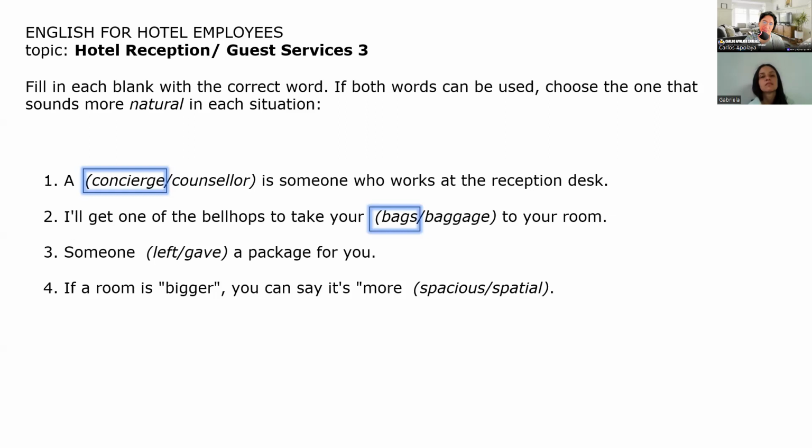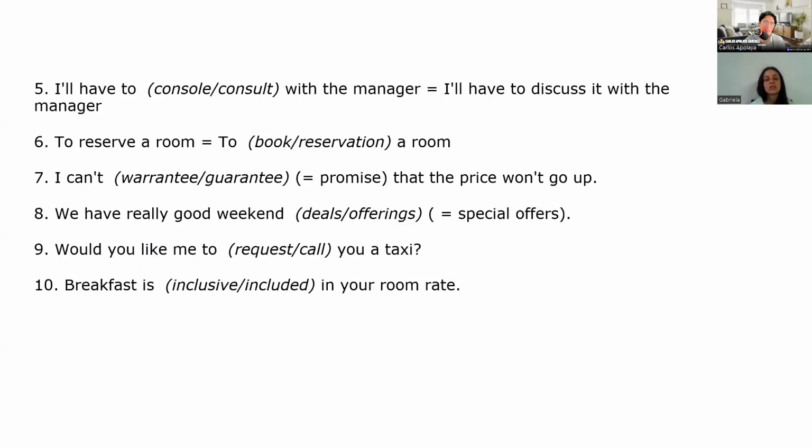Y eso es mi bolso. Luggage o bags. Someone left or gave a package for you. If a room is bigger, you can say it's more spacious or spatial. Spacious. I'll have to console or consult with the manager.